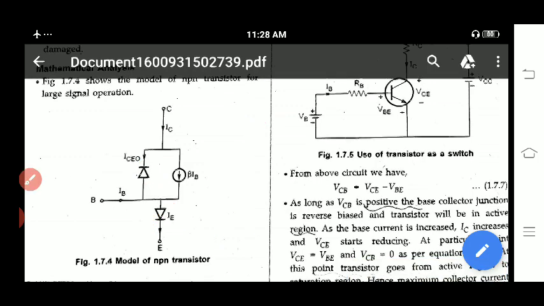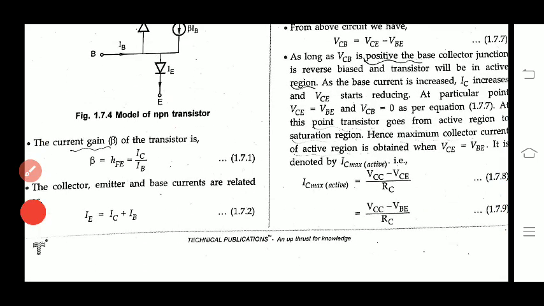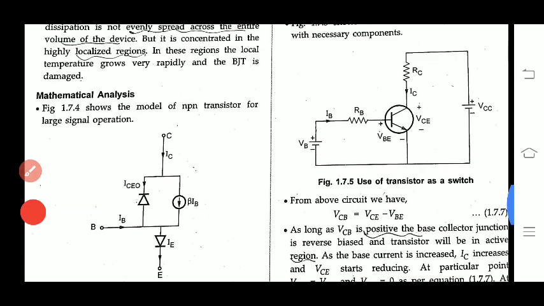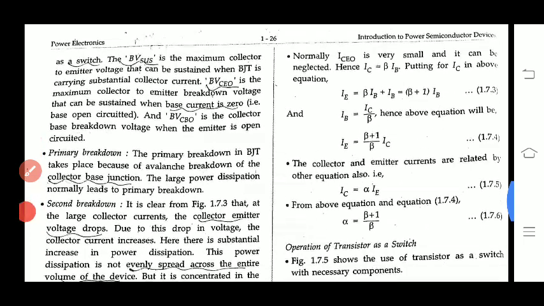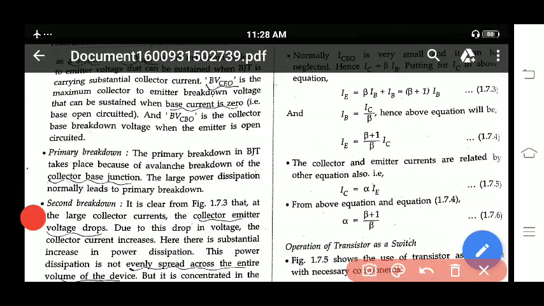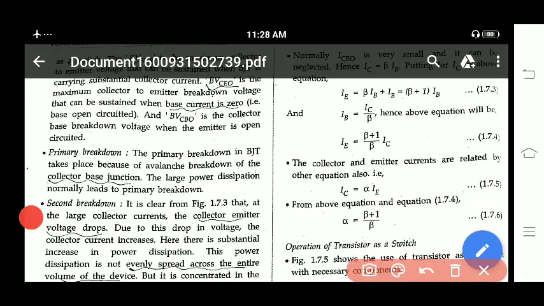If you write the mathematical expressions, the current gain beta can be represented by beta equal to IC by IB. Next, the emitter current IE is given by IE equal to IC plus IB. You can rearrange that and get the expression for IC as alpha into IE.